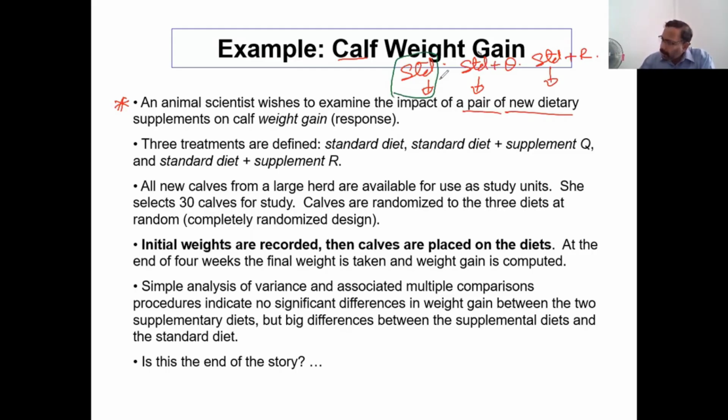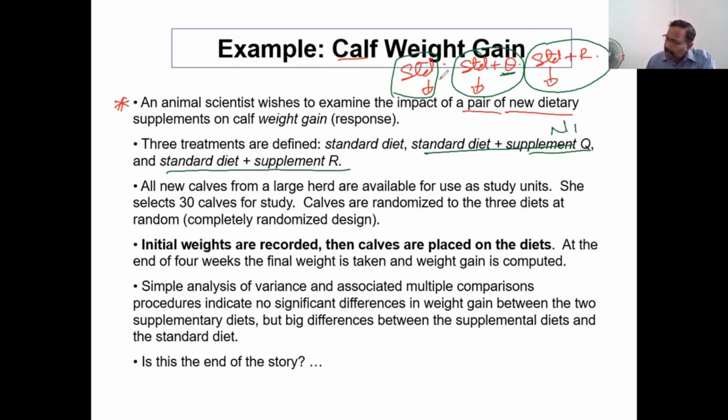We are trying to introduce 2 diets. Before introducing, we will have to find out whether these 2 diets are performing better than the present diet. So one is standard diet with supplementary Q. This is the new diet 1.